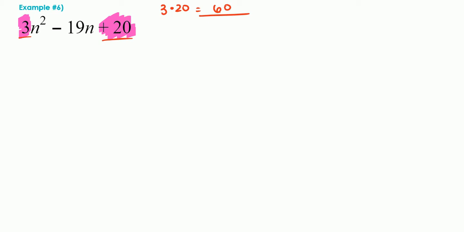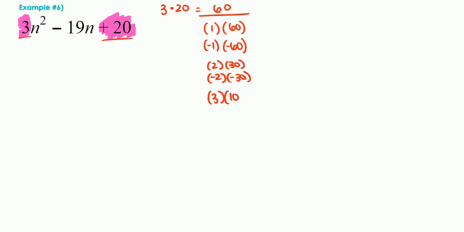So my first choice could be positive 1 times positive 60, that will give me positive 60. Negative 1 times negative 60, remember negative times a negative is a positive, so positive 60. I'm quickly going to list off the rest of these. Positive 2 times positive 30, and negative 2 times negative 30. Next one would be positive 3 times positive 20.